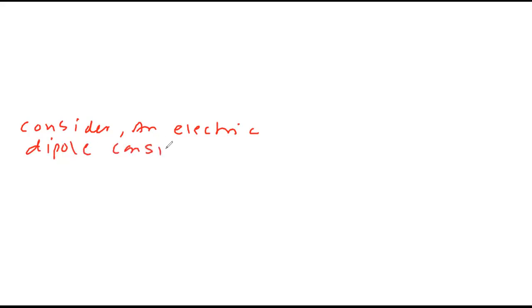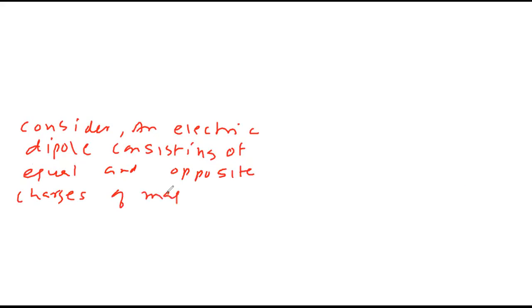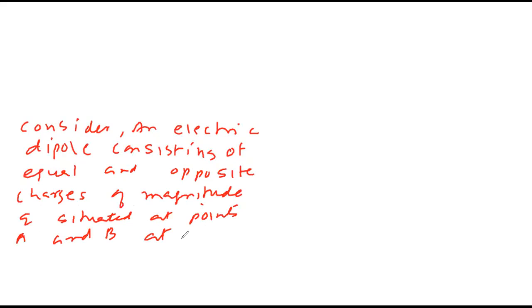See, I'm keeping almost the same words so that when you write one, the other is remembered. Consider an electric dipole consisting of equal and opposite charges of magnitude q situated at points A and B at a distance 2L.